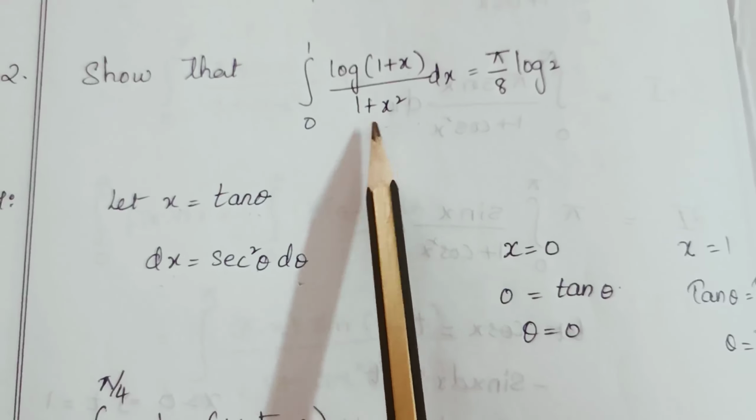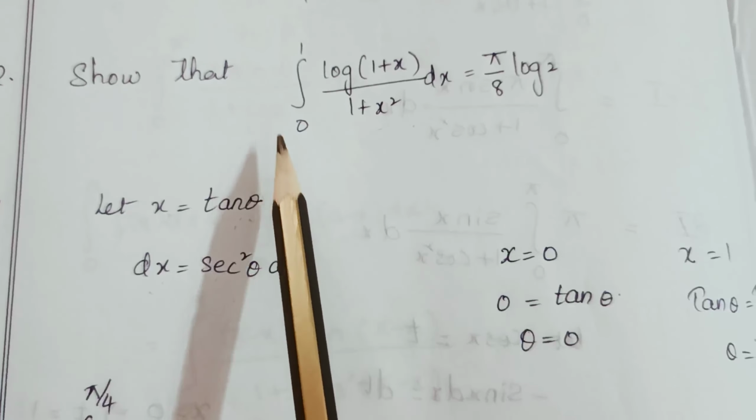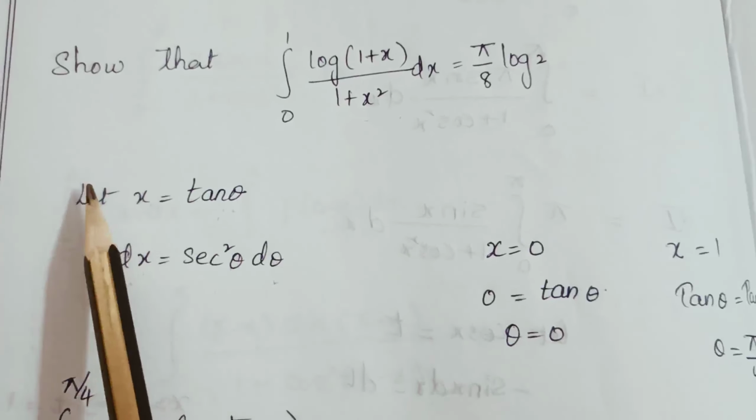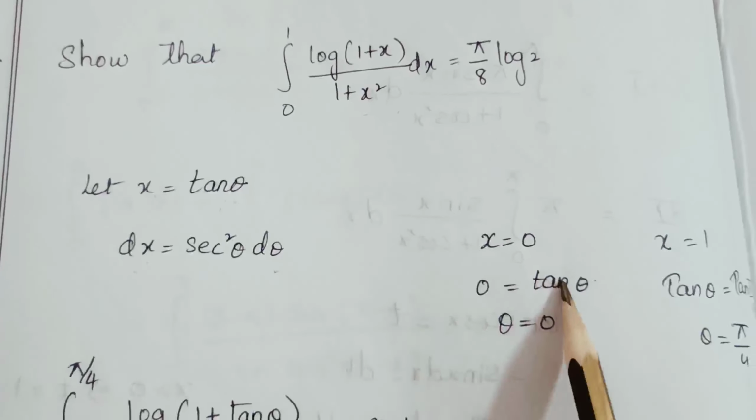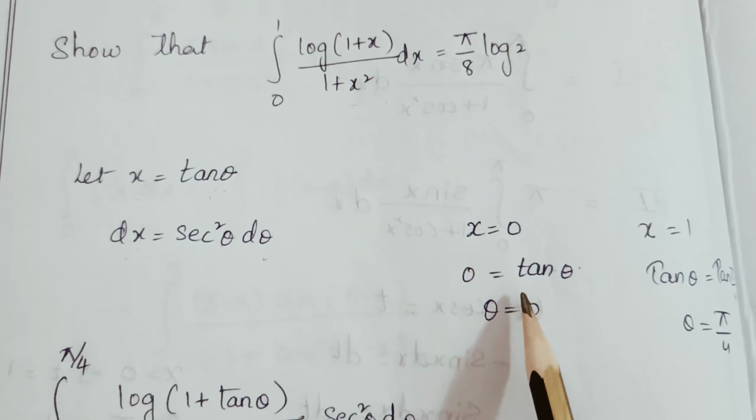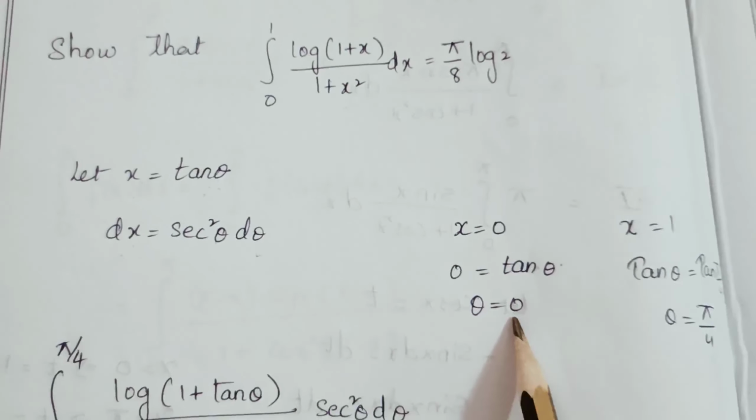Now we are taking x as tan theta, so the limits will also change. When x is 0, tan theta is equal to 0, so theta will be 0.